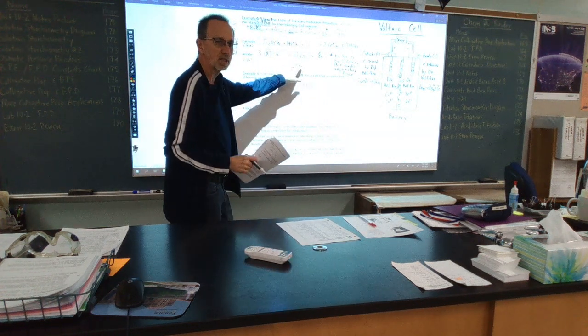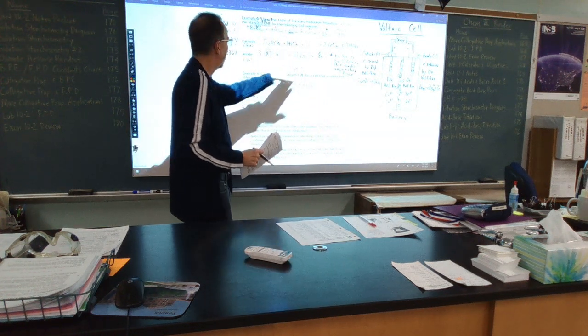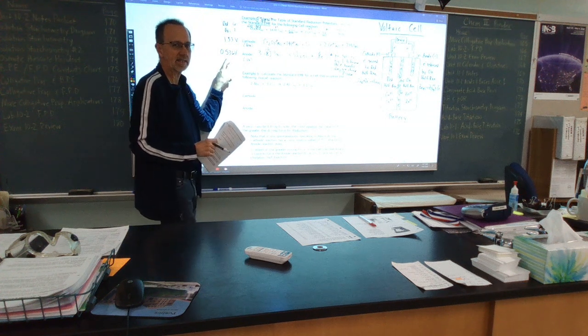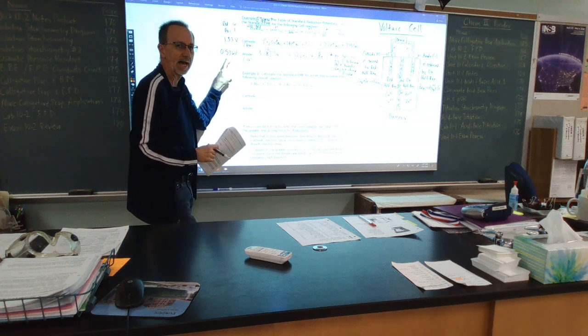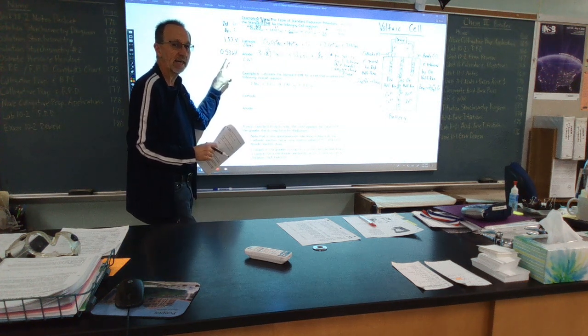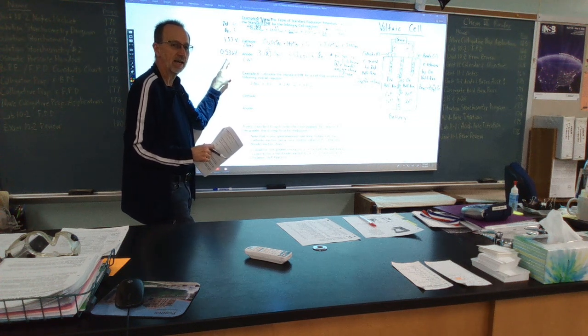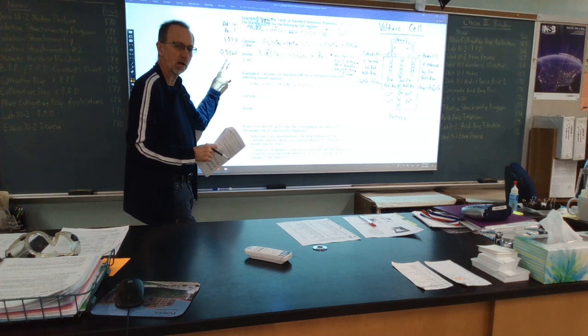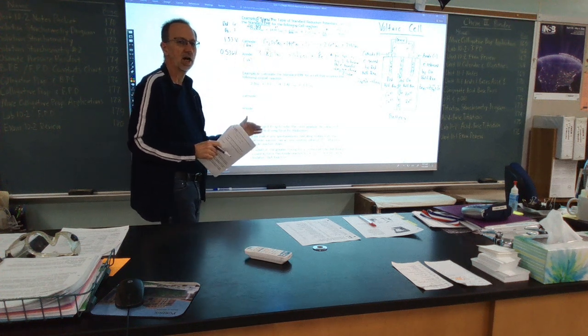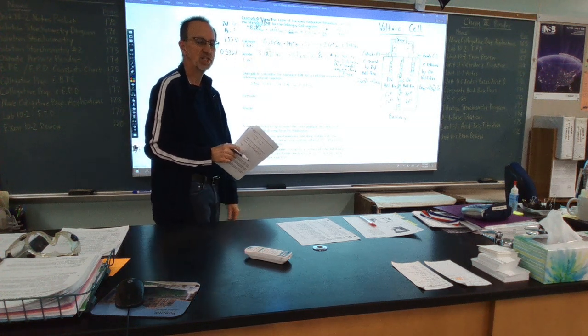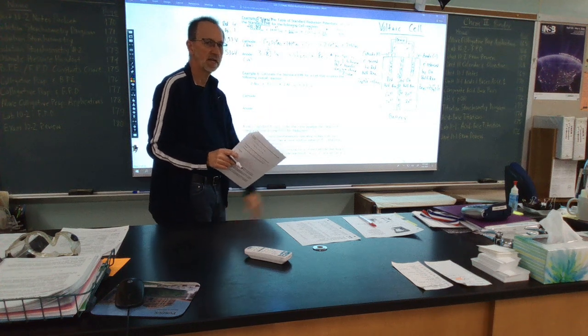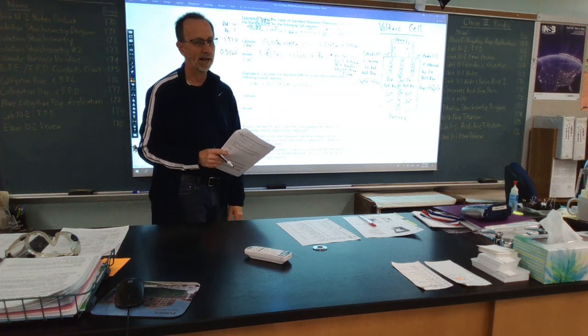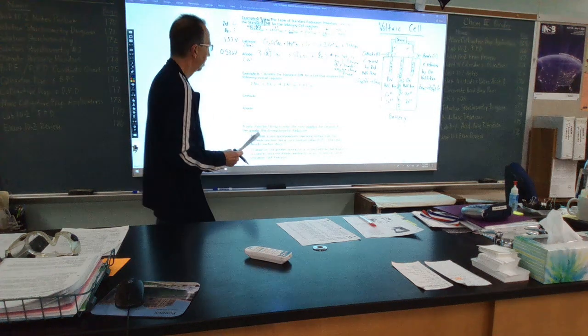So even though I multiplied this half reaction by 3, it is not necessary to multiply the value of E, the voltage value, by 3 as well. Because again, voltage is a ratio of energy to charge. The ratio is not changing. If the energy goes up, the charge goes up right along with it to the same degree.